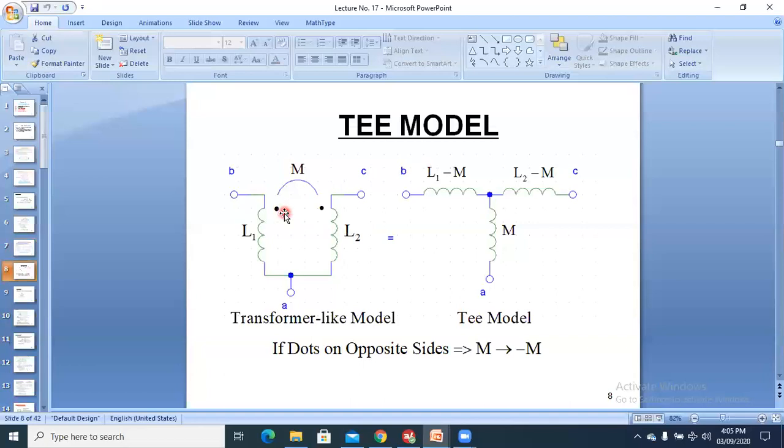But if the dots are in the opposite direction, then we have the value of M equal to minus M. So we have L1 plus M, L2 plus M, and minus M for the dots in the opposite direction. But that rule is applied for a transformer circuit.